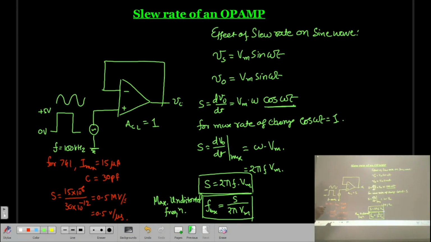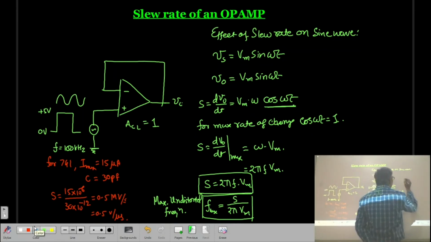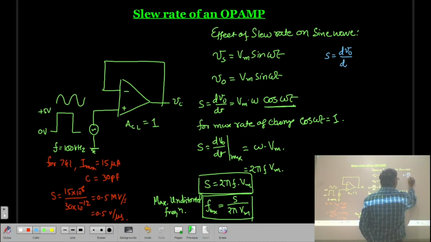Here, we also find one more relation for the slew rate. The slew rate is given as dVo by dt. Correct?